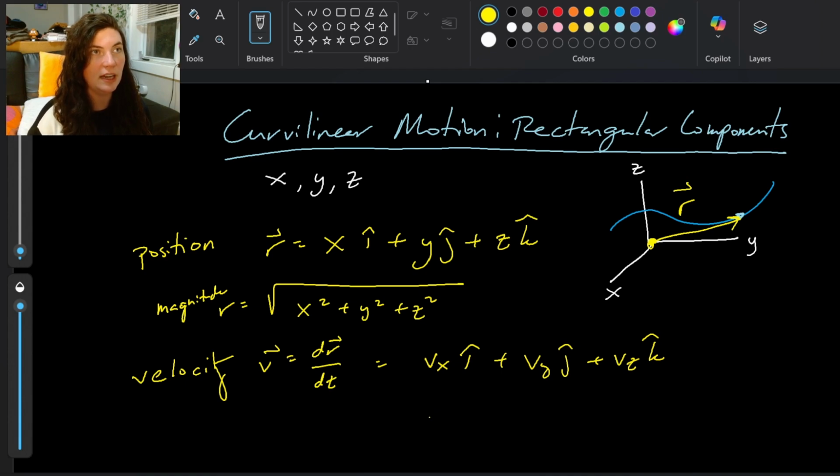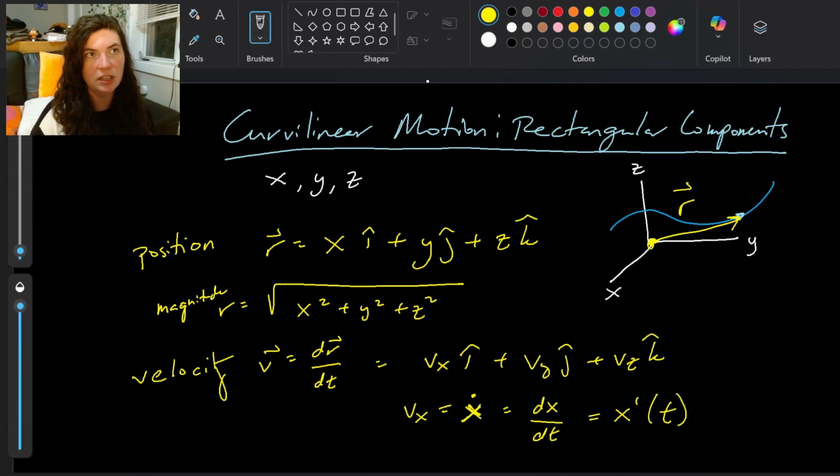We could see Vx written as x dot. This is a really common one that we may come across in this class or in other classes, this dot notation, where the dot really just means the derivative with respect to time. So it's an x derivative with respect to time.